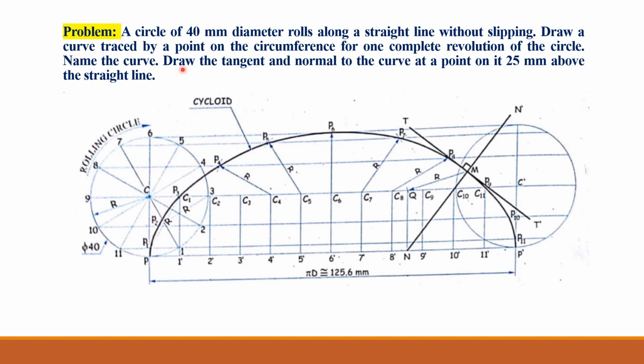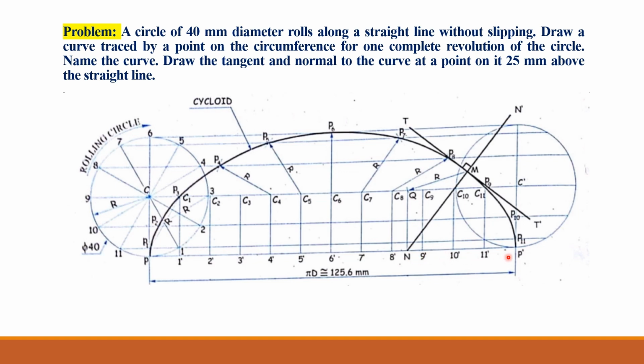Also it is asked here, draw the tangent and normal to the curve at 25 mm above the straight line. So now say here, this P to P dash is a straight line and we have to draw a tangent and normal at 25 mm distance above the straight line.